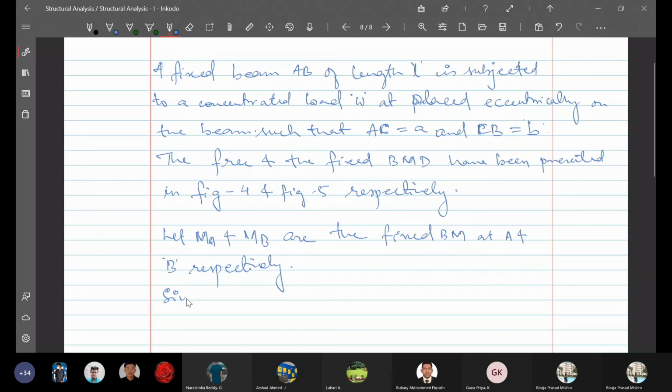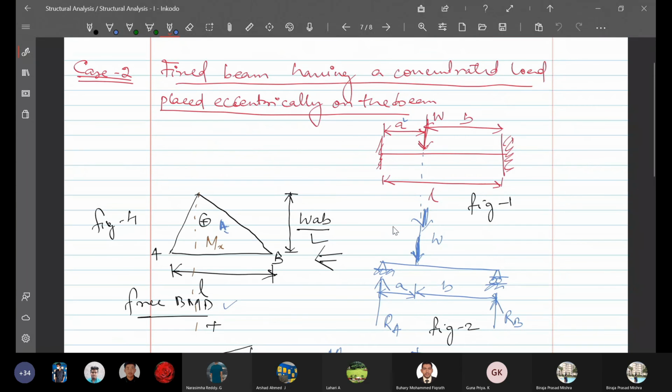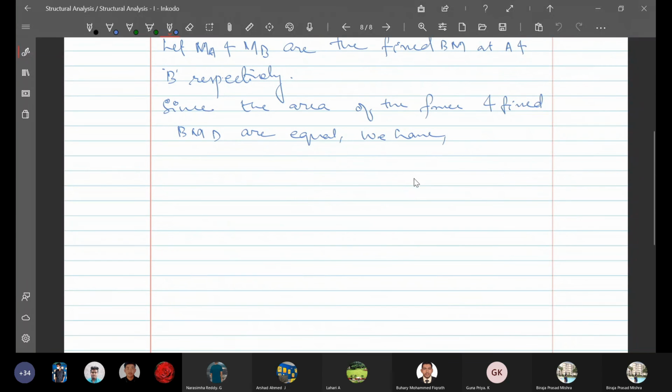Since the area of the free and fixed bending moment diagrams are equal, we have... Before I go to that, pay attention here.